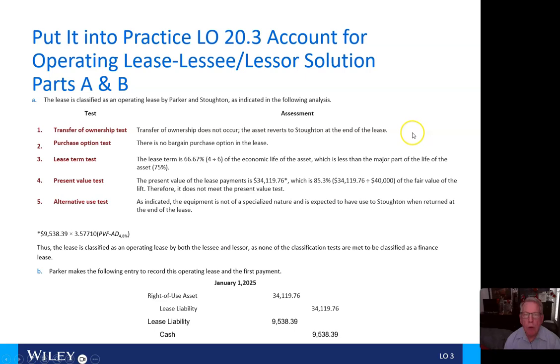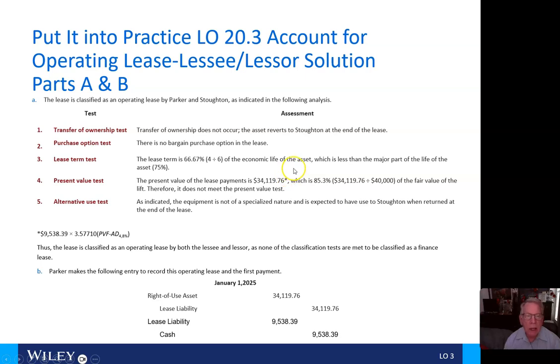The transfer of ownership does not occur. The asset reverts to Stroughton at the end of the lease. There's no bargain purchase option in the lease. The lease term is 66.67%. That's 4 years divided by 6 economic life years.